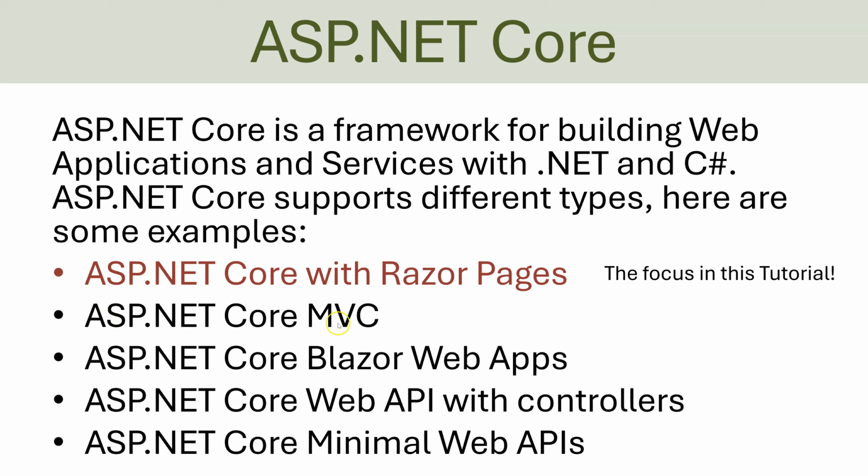You have something called Model View Controller, you have Blazor web applications. You can also create web APIs or REST APIs using different templates, like this web API with controllers and these minimal web APIs. But the focus in this tutorial will be using ASP.NET Core with Razor pages, and we are going to create a basic application that retrieves data from an SQL Server database.